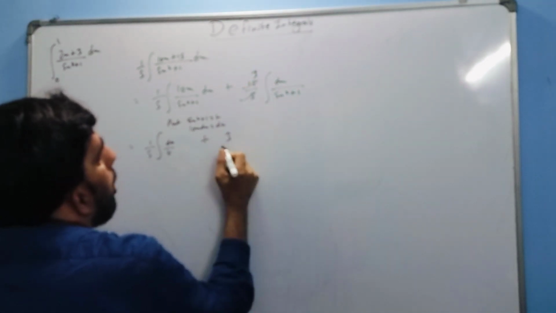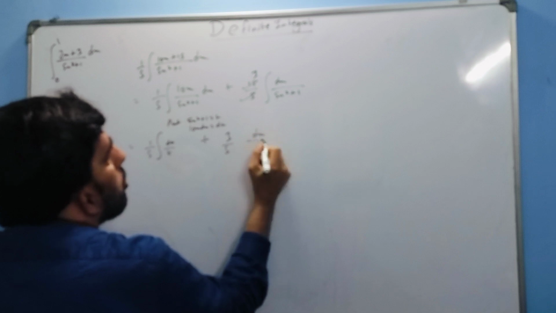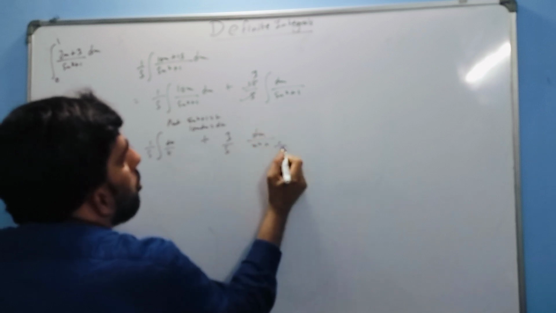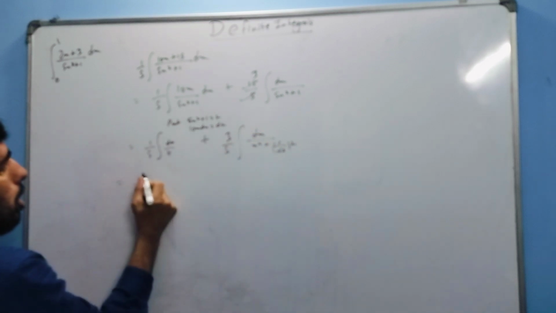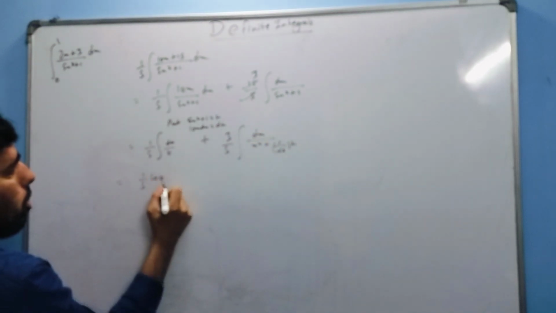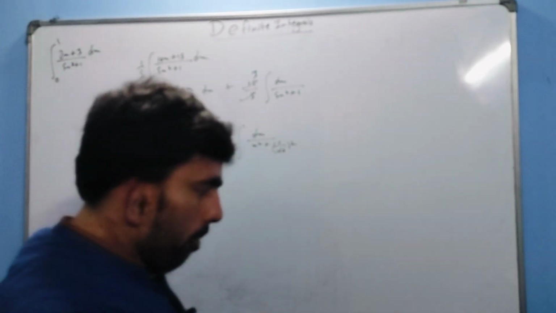I'm taking 5 common outside, so we get x² + 1 upon root 5 whole square. So here I got 1 upon 5 log t.